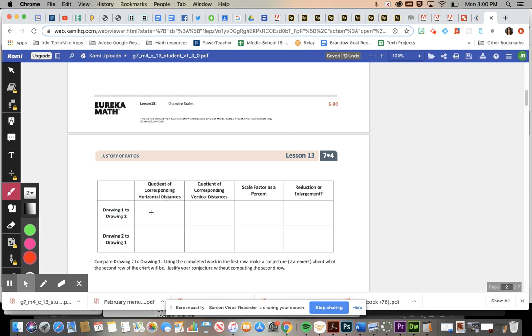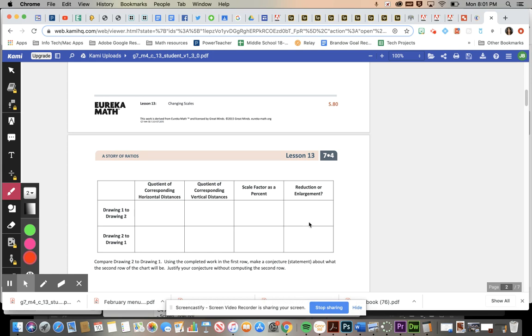First box, quotient of corresponding horizontal distances. And the second box, quotient of corresponding vertical distances. Third box is the scale factor as a percent. And then we need to tell if it's a reduction or an enlargement.